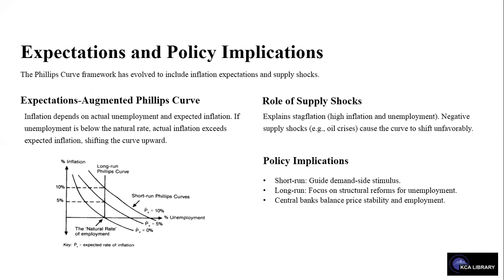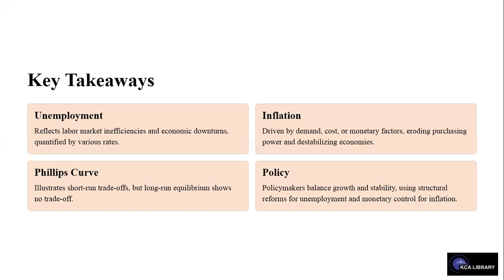For the policy implication, in the short run it guides demand-side stimulus, and for the long run, focus on structural reform for unemployment. And central banks balance price stability and employment as such.